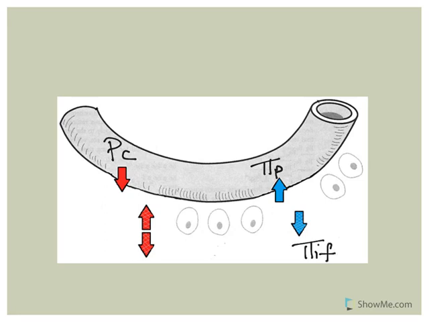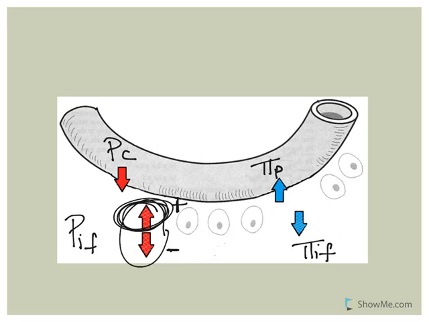So you see the arrows moving out of the blood vessel. And then this one does depend. Your interstitial fluid hydrostatic pressure, if it's given as a positive number, favors absorption. If it's given as a negative number, it favors filtration.